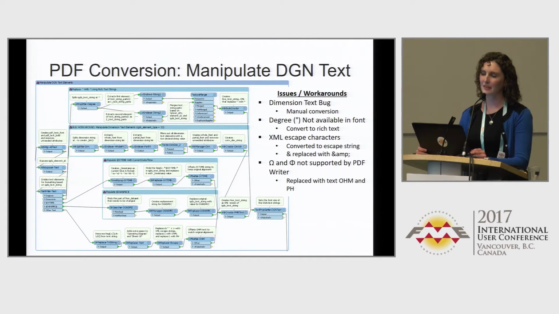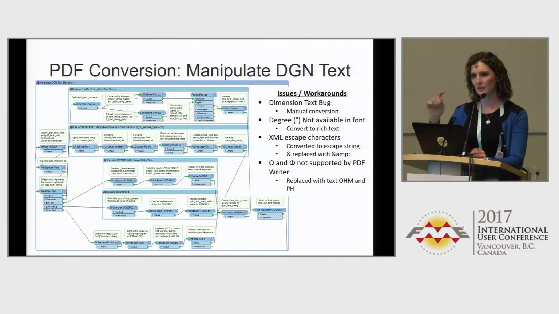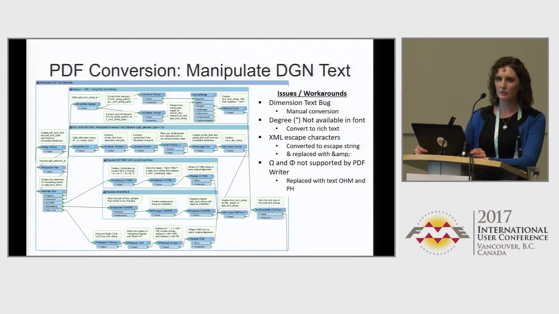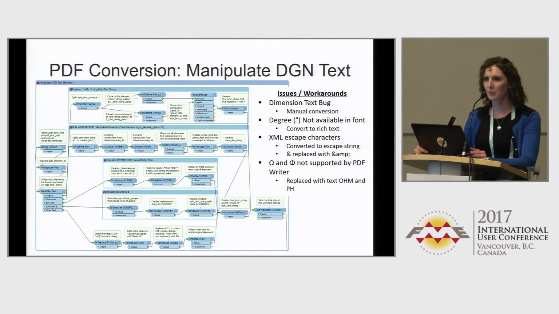What happens is when you're reading dimension values in from MicroStation, say you have 3 feet 6 inches, it's supposed to come in as 3 feet with the apostrophe, dash, 6 quotes, but it was coming in as 3.5, and that's not what the client wanted.